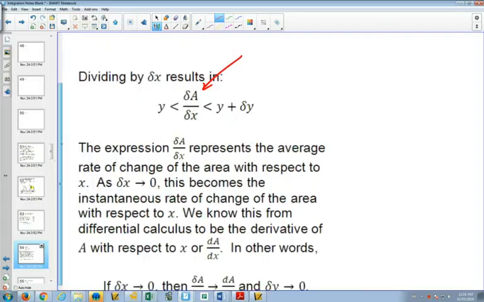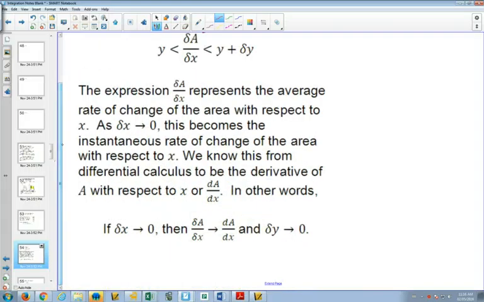What happens is if we make this delta x narrower and narrower and narrower, first of all, we've seen that the middle part becomes the derivative. But the other thing that's going to happen is that the delta y at the top is also going to get smaller and smaller.